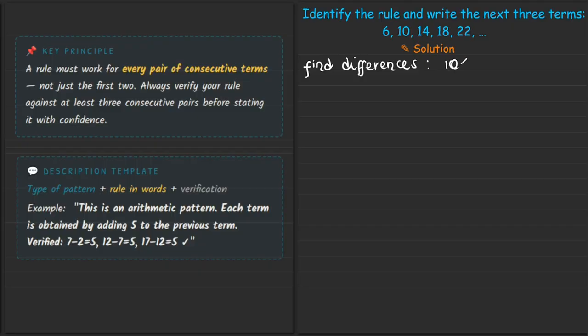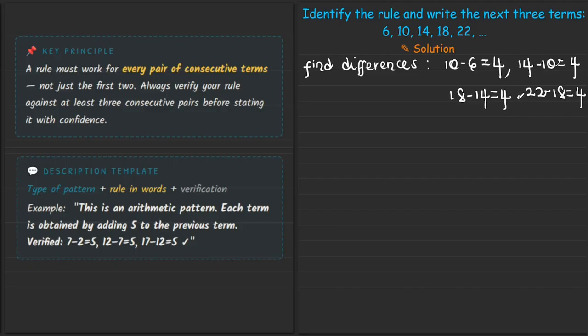That is 10 minus 6, and 10 minus 6 gives us 4. Then we can try 14 minus 10, which also gives us 4. And then we have 18 minus 14, which also gives us 4. That will be enough, but I could also write 22 minus 18, which also gives you 4.